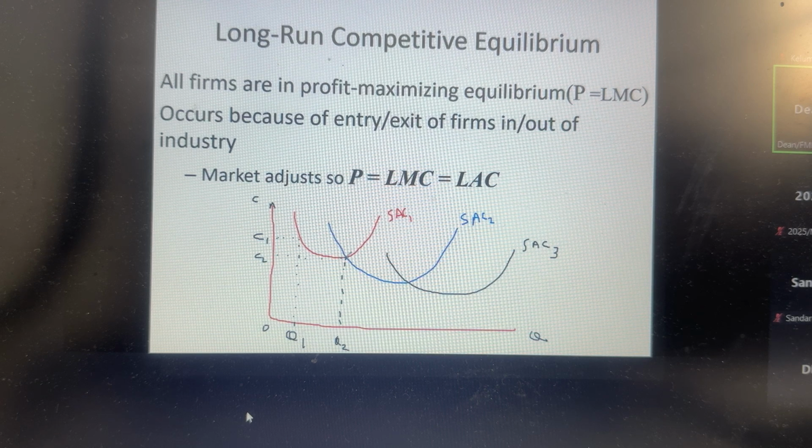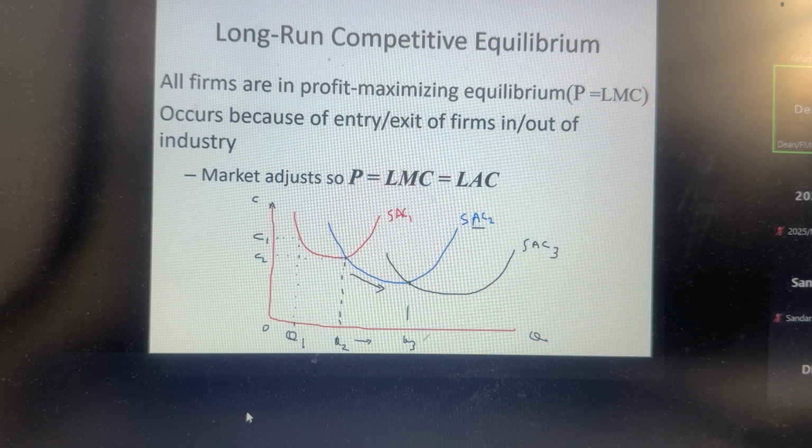But whether to go for medium size plant or stay with the small size plant depends on the market in the future. If you want to produce more than this, better to go for the medium size plant and come downwards this curve, and the same decision you have to take when you come to Q3 level of output as well.